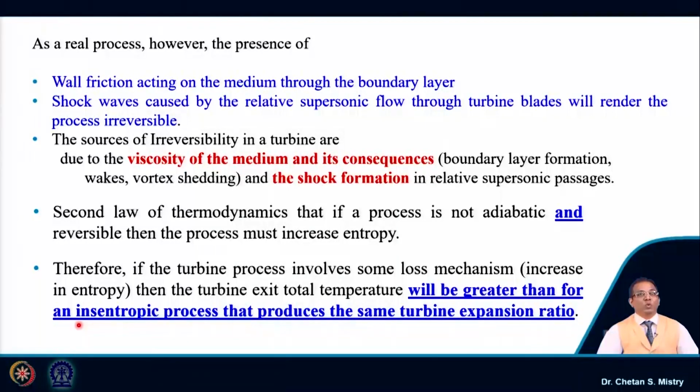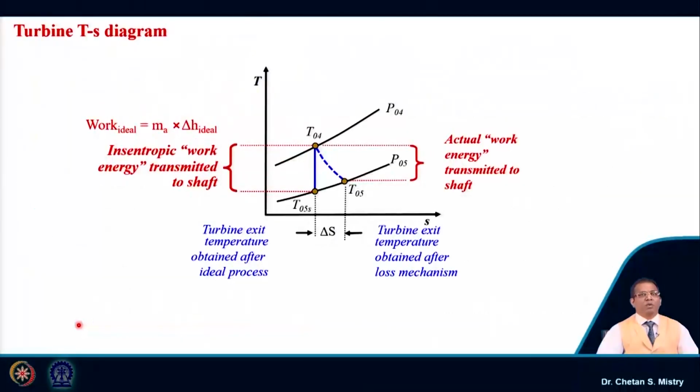If we combine these together, it increases the losses, and that is what we represent in terms of entropy. Here we need to be very careful: because of the presence of these losses for the turbine, my entropy always has a tendency to increase. That is why in the actual process we get an exit temperature higher than that of the isentropic expansion process. Let us look at that.